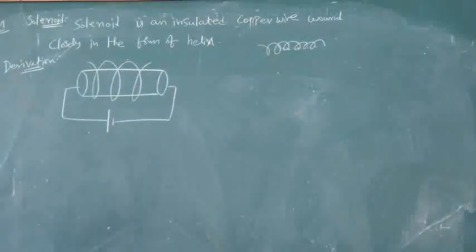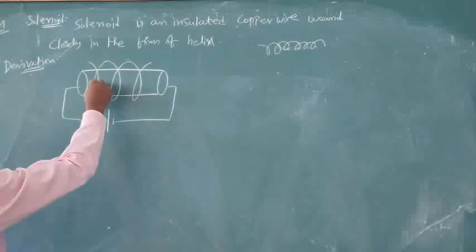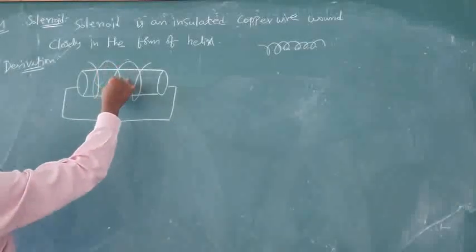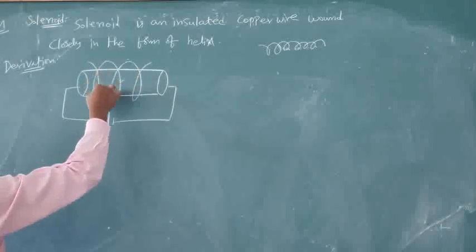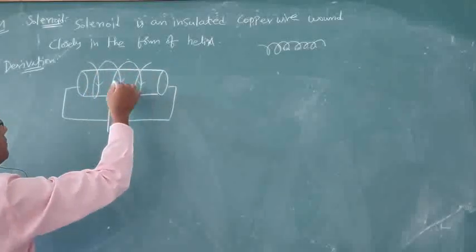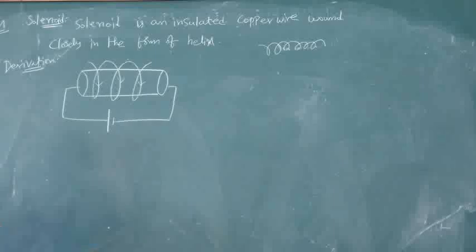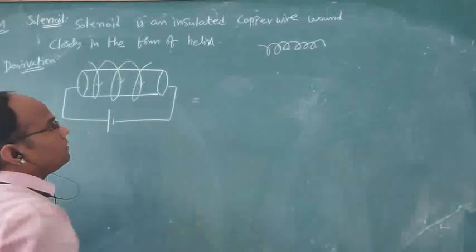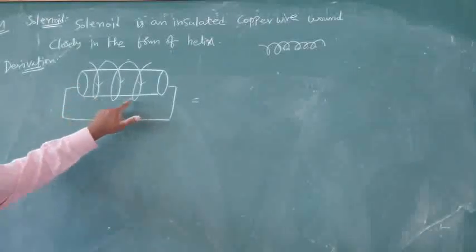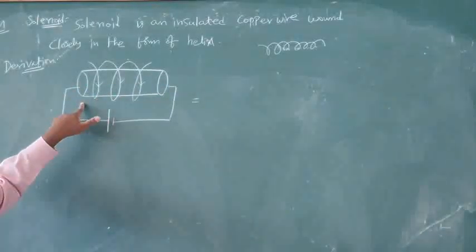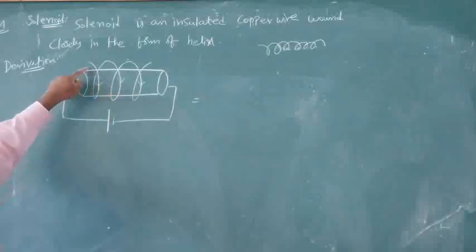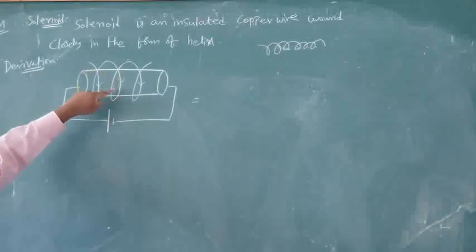Now hollow cylinder means the current is passing and it is going outside. So from outside to inside it is passing. So this figure is an insulated hollow cylinder. For the insulated hollow cylinder, it is a circular wire.